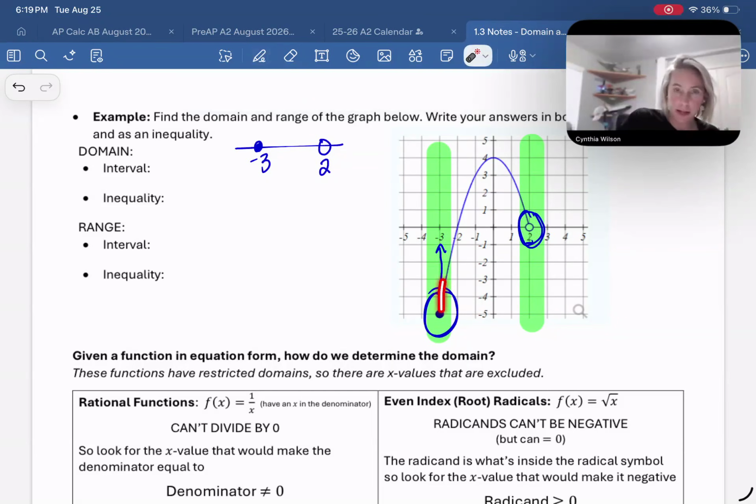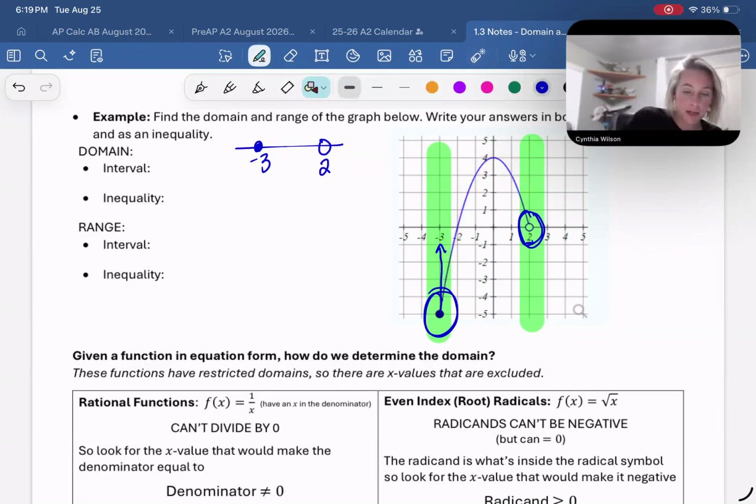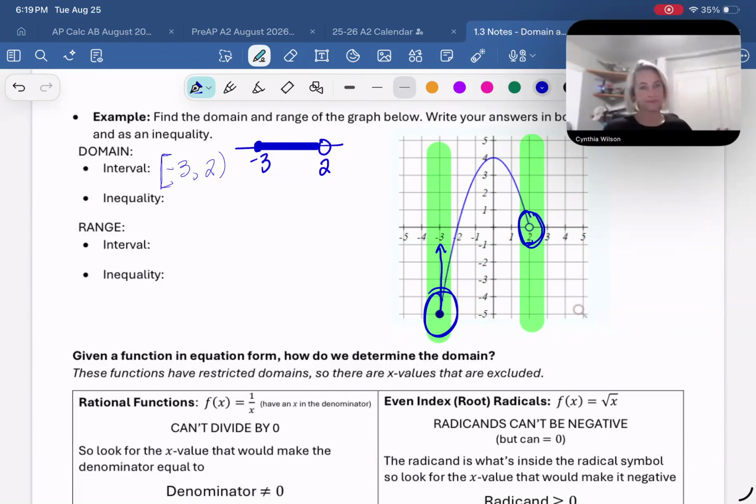All right, so my x has to be between -3 and 2. So I'm going to connect these. I'm asking you to do both interval and inequality here. So interval, I can see beginning, -3. I can see end at 2. -3 with a bracket, 2 with parentheses.